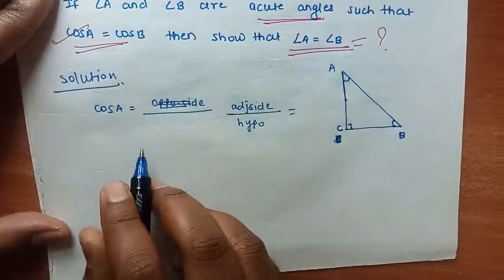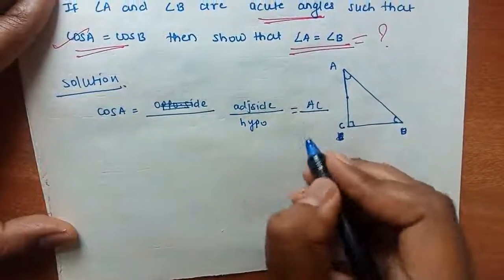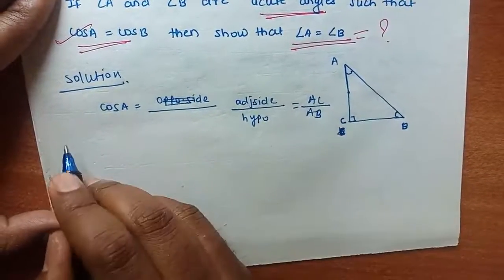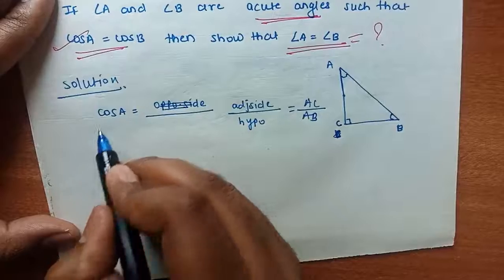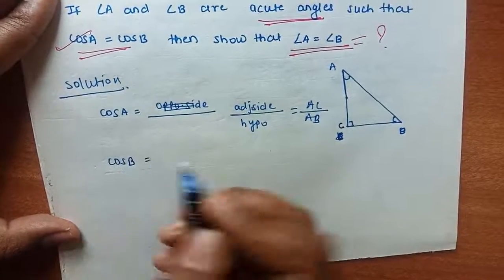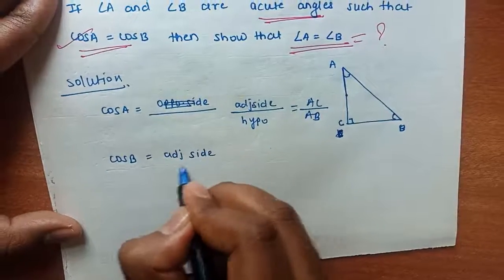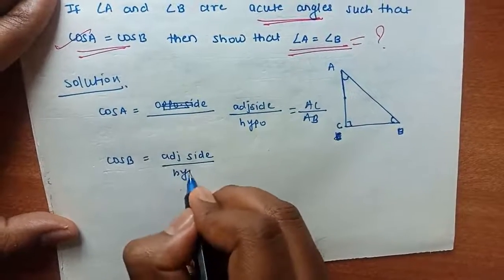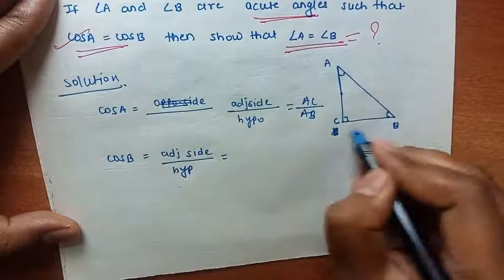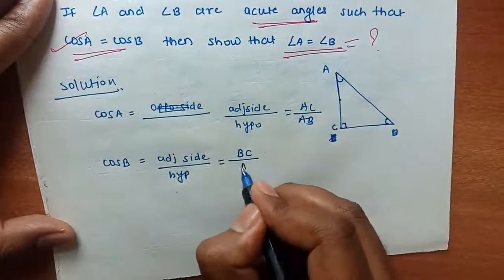Adjacent is nothing but AC and hypotenuse is nothing but AB. So I just wrote the formula of cos A. Next we go for cos B. Cos B formula is again adjacent side upon hypotenuse. लेकिन B के लिए adjacent side will be BC and hypotenuse will be the same, AB.